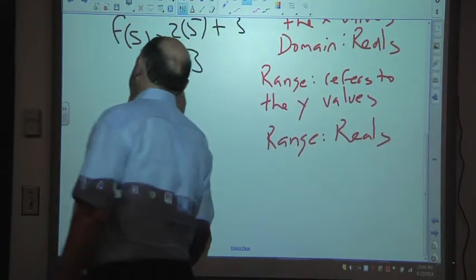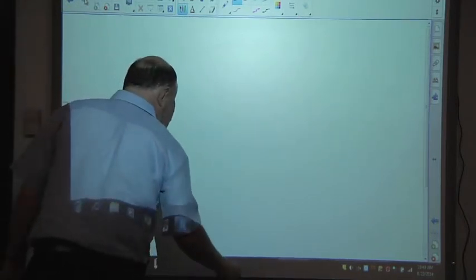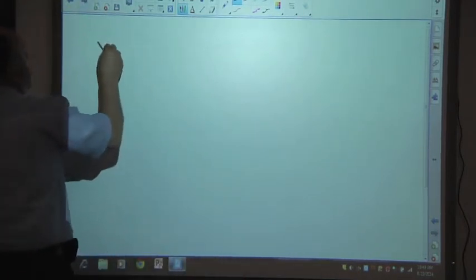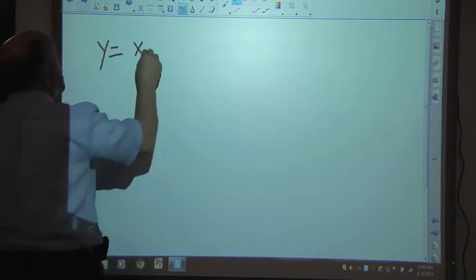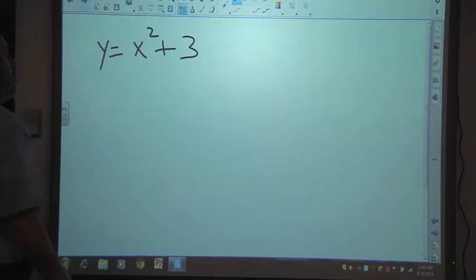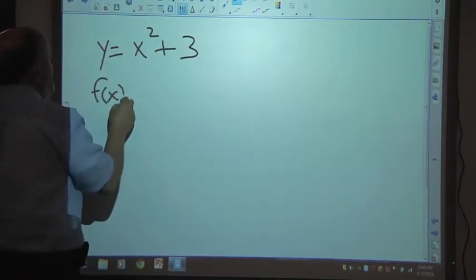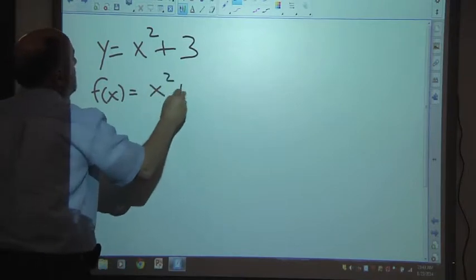So given an equation then, given something like this, you have to figure out, well, is it a function or not? So let's say y equals x squared plus 3. So is it a function? Right? So is it a function, which means is this true?